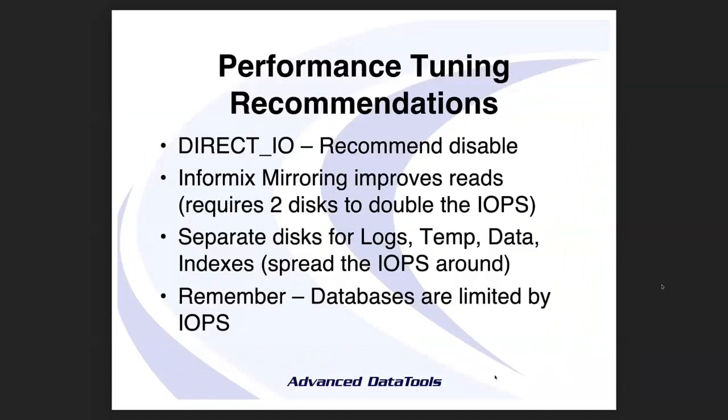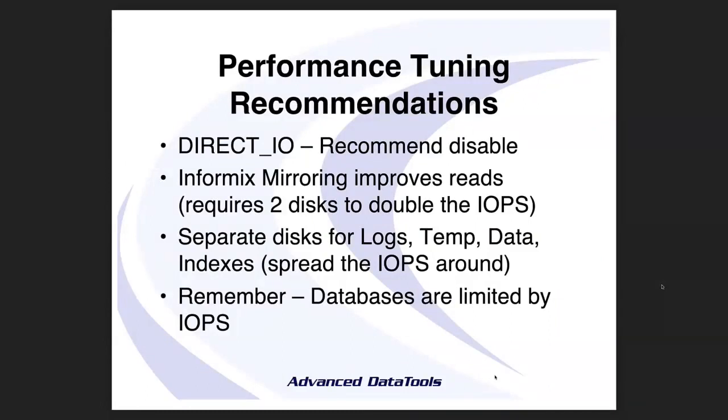So, what can you do to improve performance? The first thing I've noticed over and over again is direct IO doesn't seem to work well on any of the cloud servers. I've done this on Azure, on Amazon, and on IBM's cloud. And basically, I've found you're better off turning off direct IO.